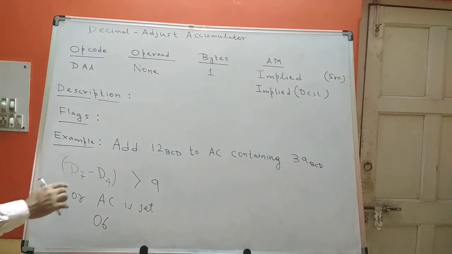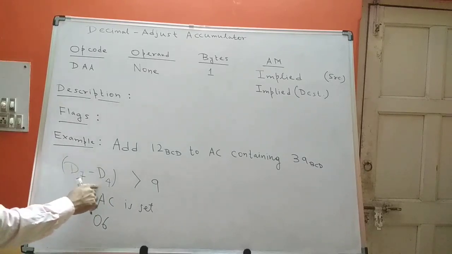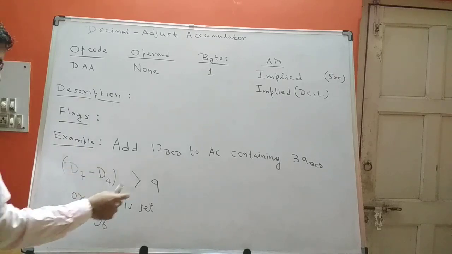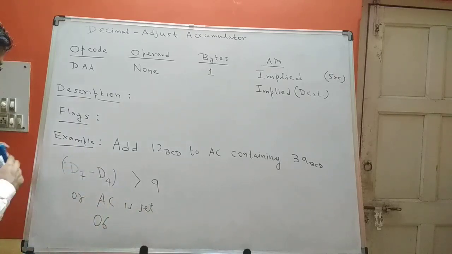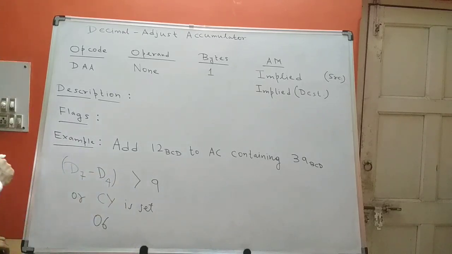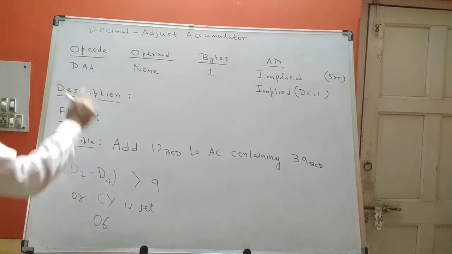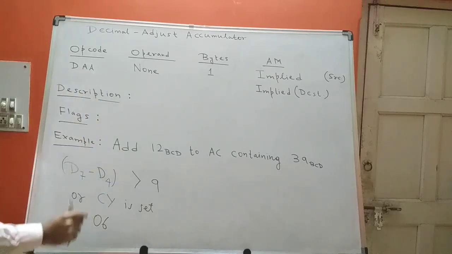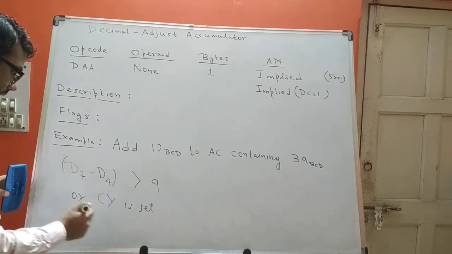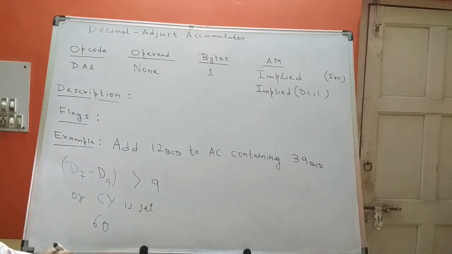If the value of the high order 4 bits, D7 to D4, in the accumulator is greater than 9, or if the carry flag is set, the instruction, that means the DAA instruction, will add 60 to the high order 4 bits.